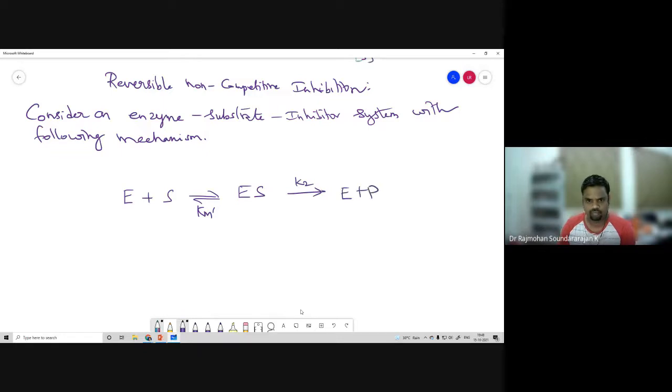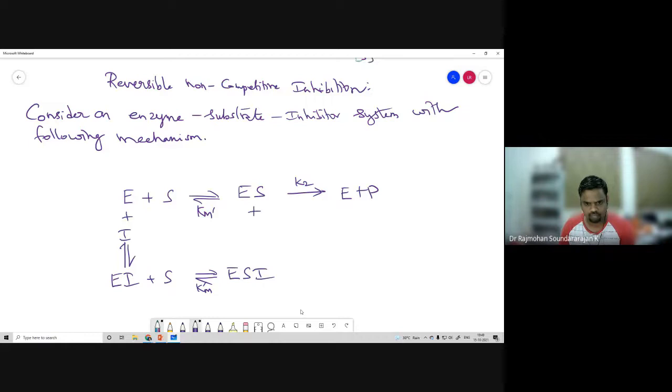It is a reversible reaction, so usually we can write K1, here given as Km dash. When you write the overall one, we have to write Km dash approximate or average, because instead of K1 here we are writing Km dash. Further, E will react with the inhibitor, if present, to form EI with dissociation constant Ki.